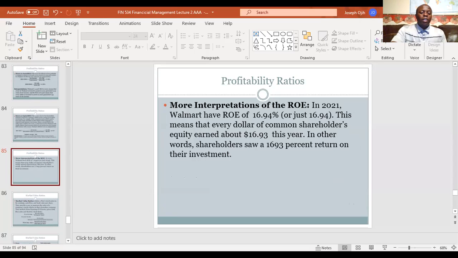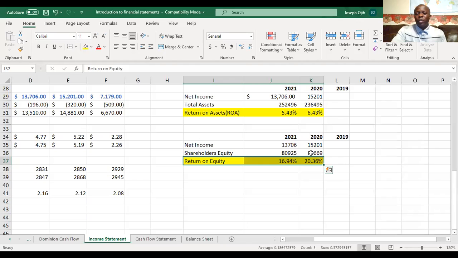Now, for 2020, hold on, let me see. For 2020, you can see that for every dollar that Walmart shareholders invested, it returned about $20.36, which is good. So it went down. This can cause the shareholders to get concerned a little bit because it declined.